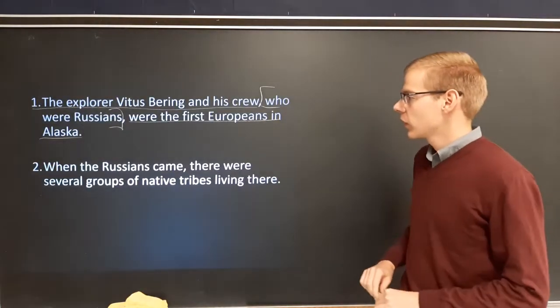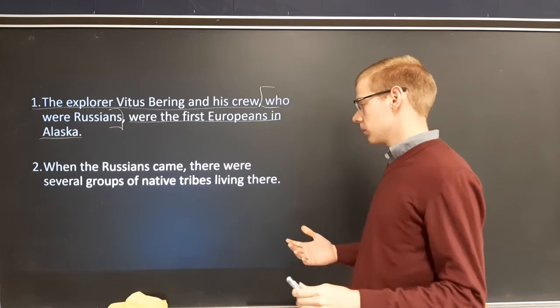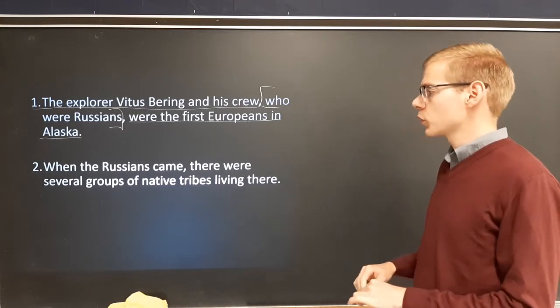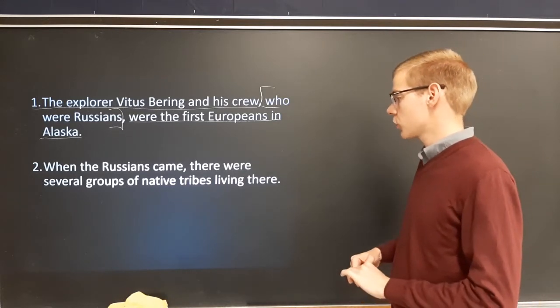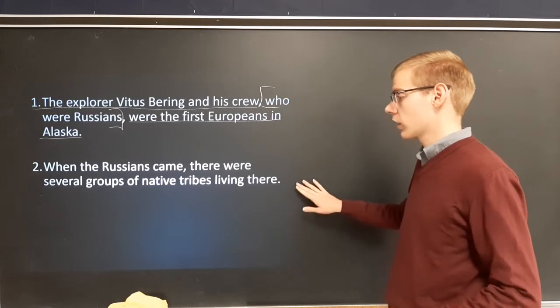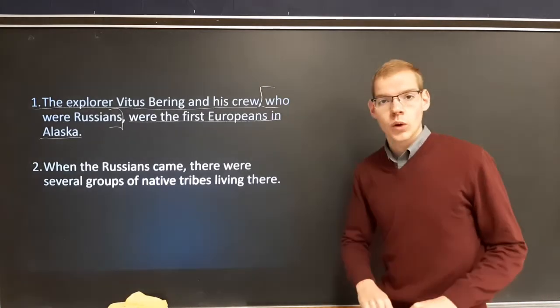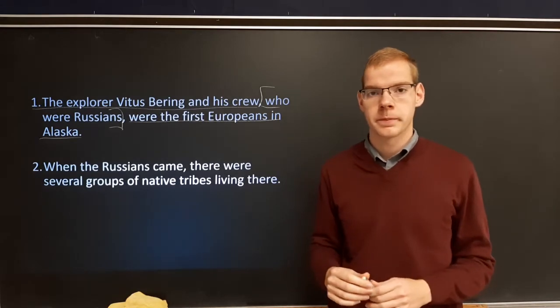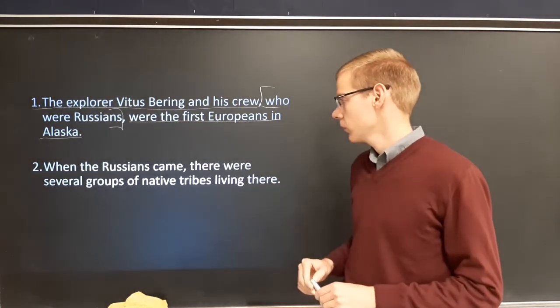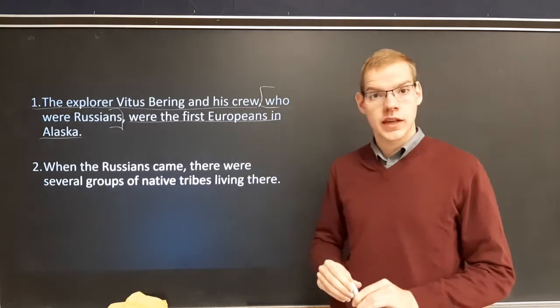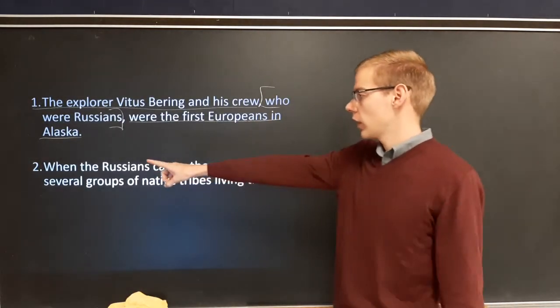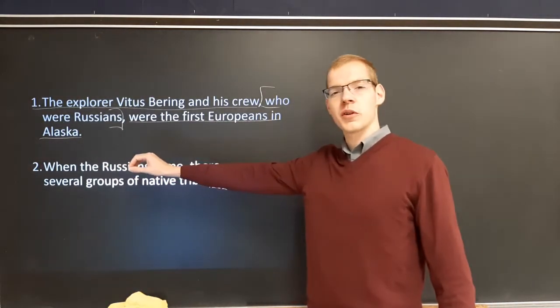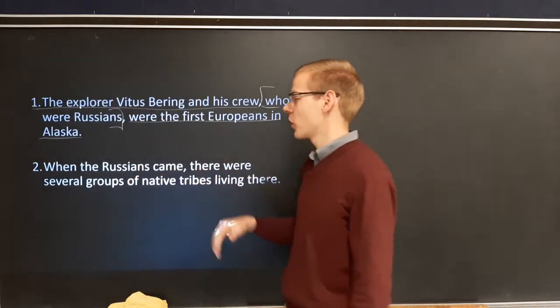Number 2. When the Russians came, there were several groups of native tribes living there. What is our dependent clause? "When the Russians came." That starts with a subordinating conjunction, "when."